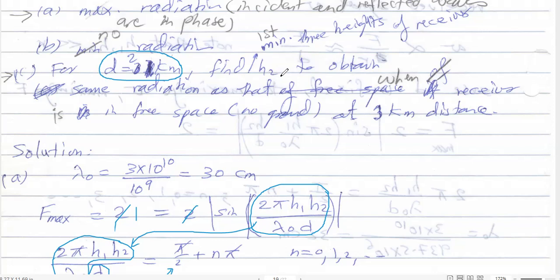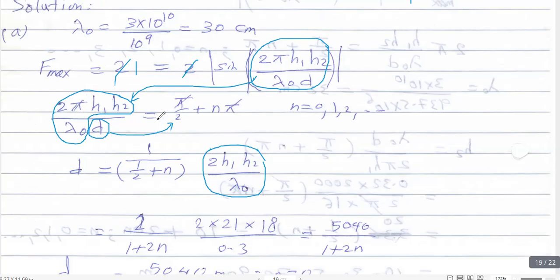Now to find the minimum 3 heights of the receiver, h2, to obtain the same radiation as that of a free space when the range is 3 kilometers. Therefore, this is RF, this is free space range, and this is D.